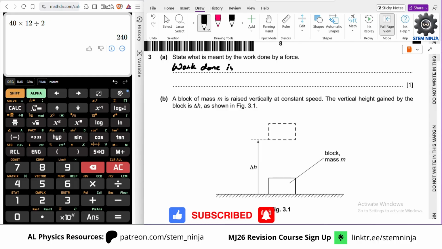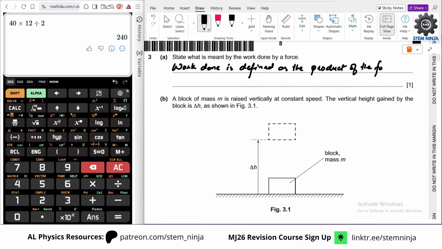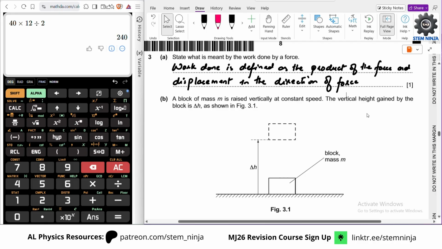Work done is defined as the product of the force and displacement in the direction of force. The phrase in the direction of force is important, because if it's not in the direction of force, it's not counted.